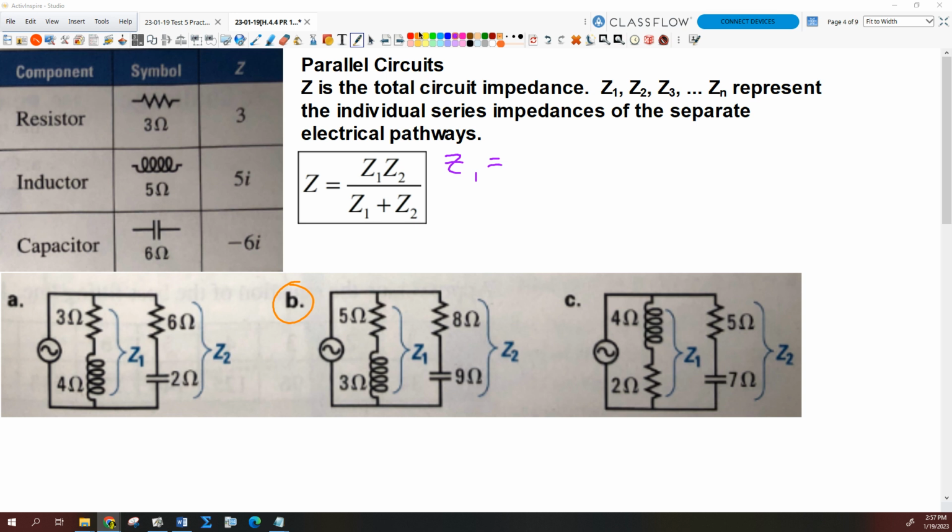Z1 would just be this guy. What's the contribution of a 5 ohm resistor? Okay. And then this guy, 3 ohm inductor. So there's Z1: 5 plus 3i. Z2 is going to be, this guy.